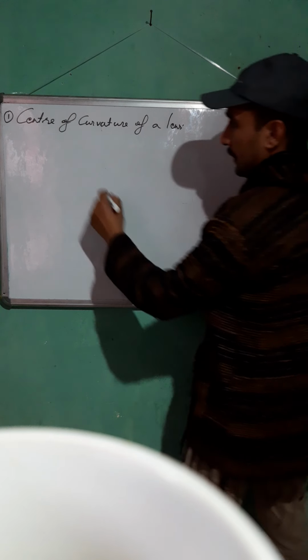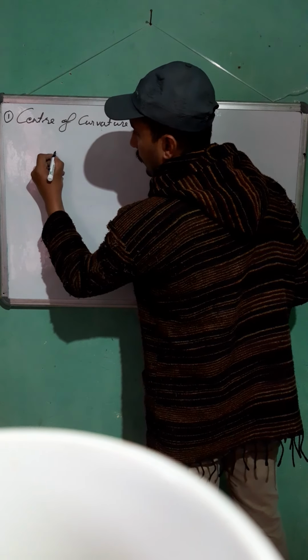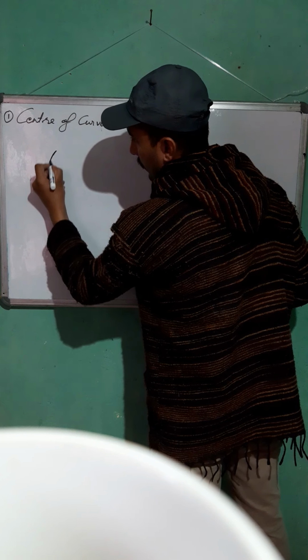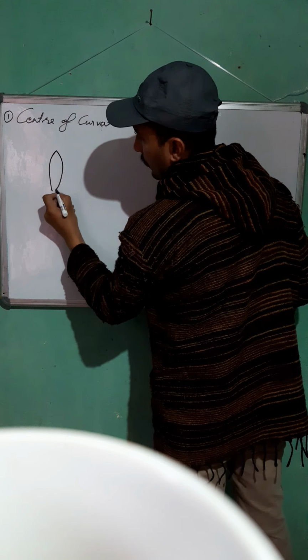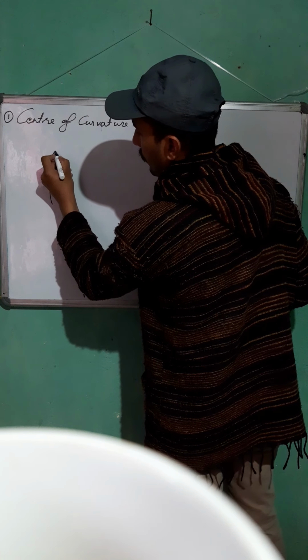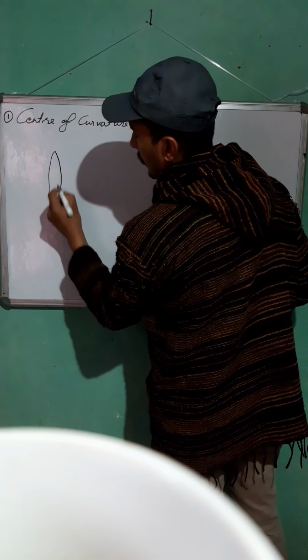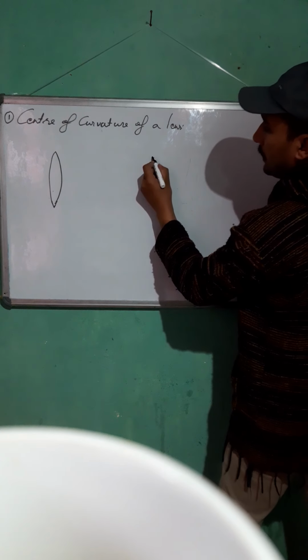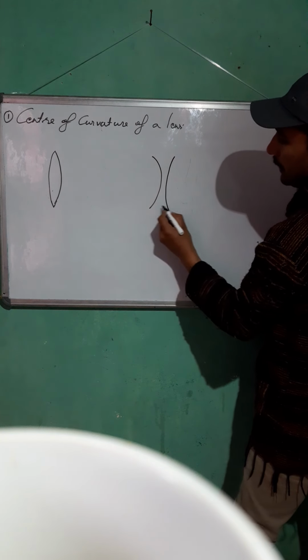So if you consider a convex lens, this is a convex lens and this is your concave lens.